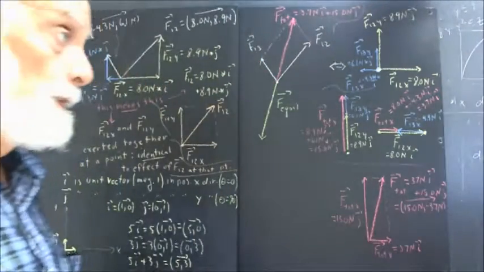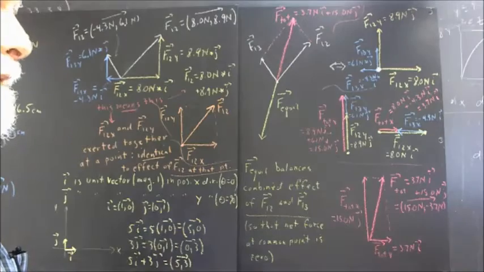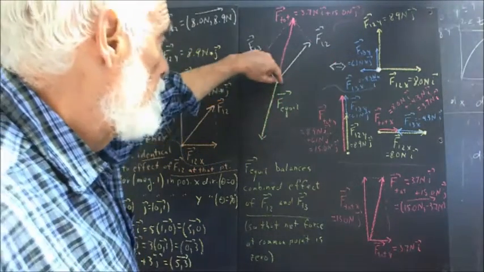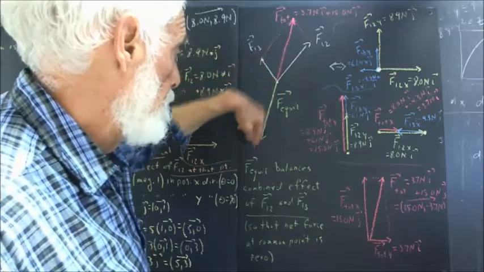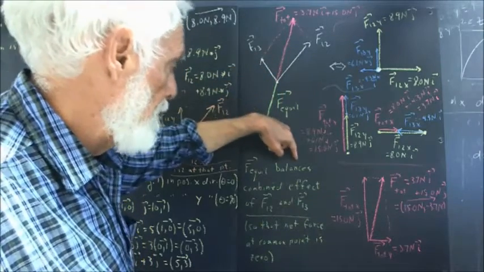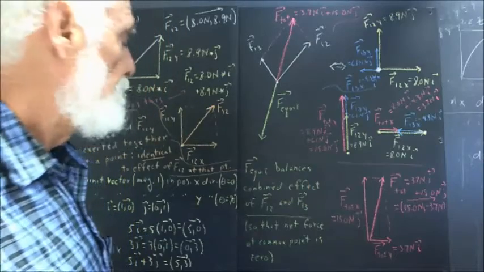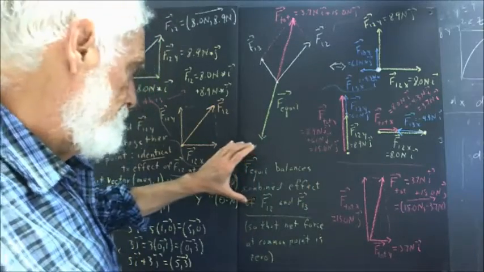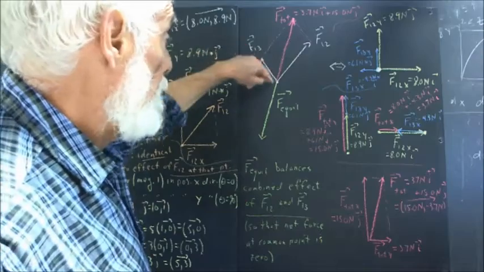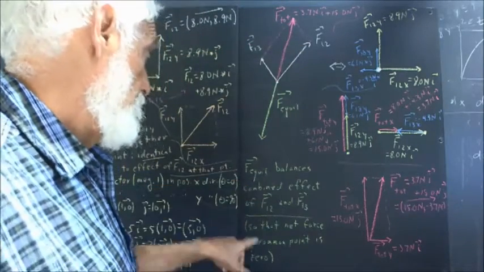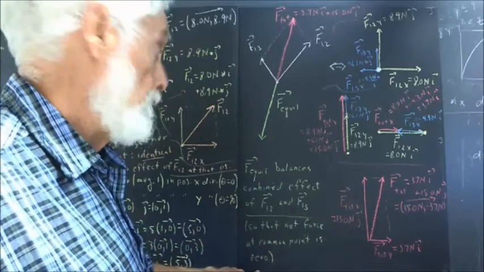So I'm going to write a couple of comments there and then continue. Okay, so I labeled this F equilibrant, and the equilibrant force, F equilibrant, has a property that it balances the combined effect of F12 and F13, in the sense that at the common point here, the point at which all these forces act, the net force is 0.